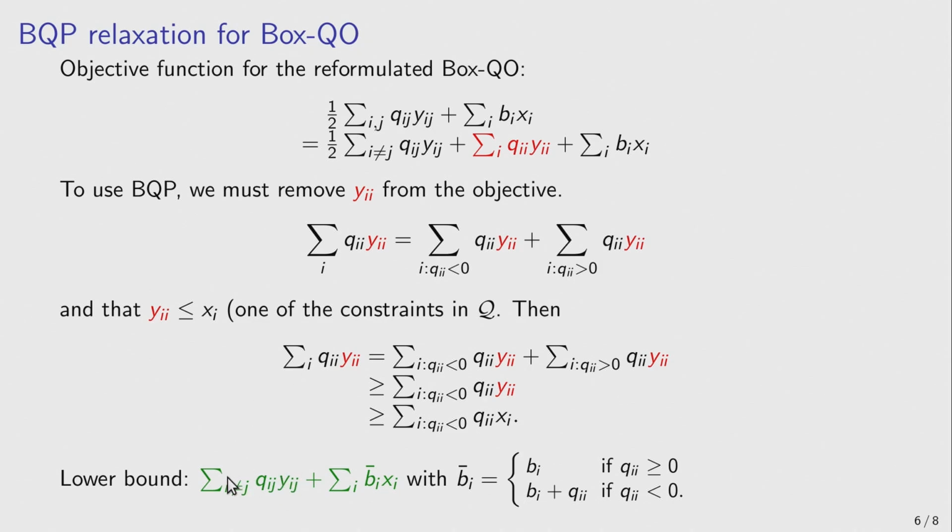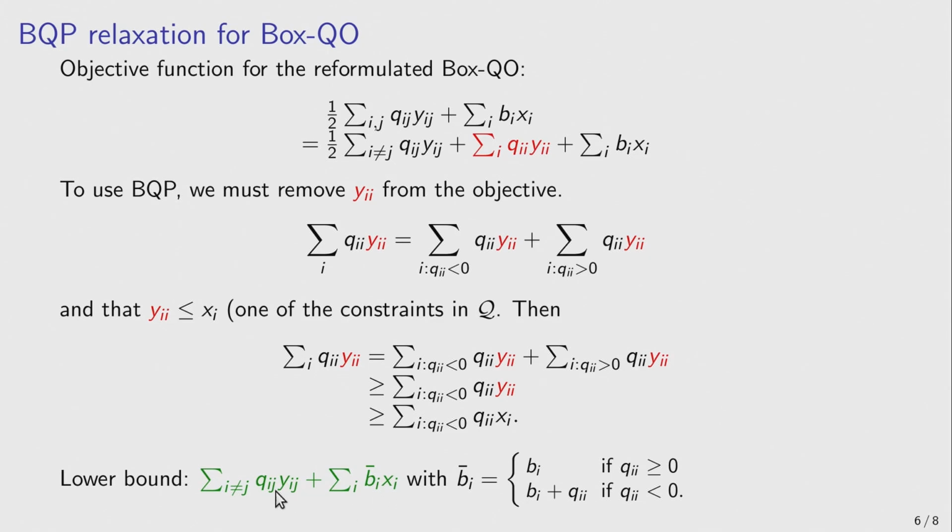Which means now a lower bound on the optimal objective function of the initial problem, the quadratic optimization on a box constraint, is given by an objective function that I can finally plug into the Boolean quadric polytope.